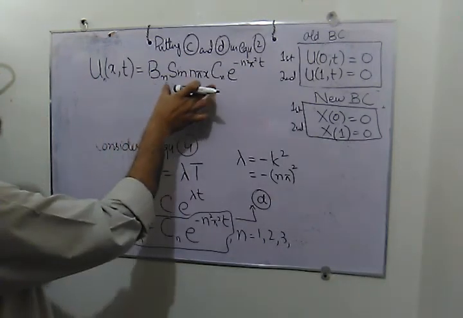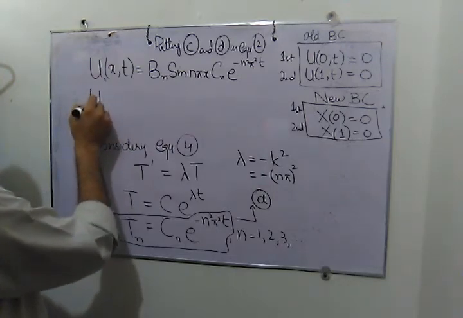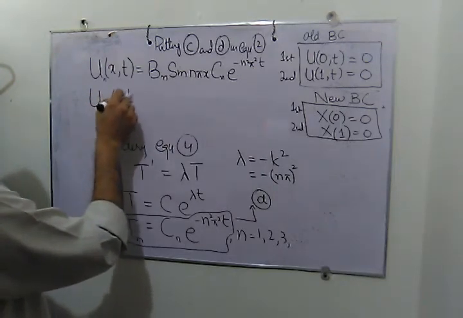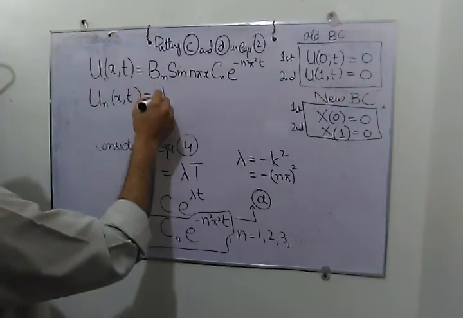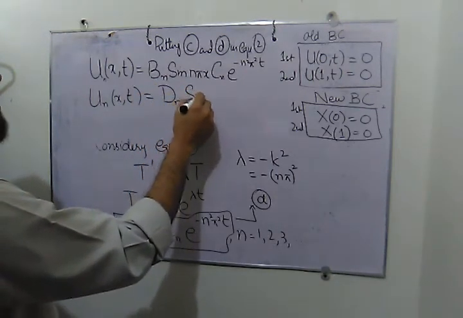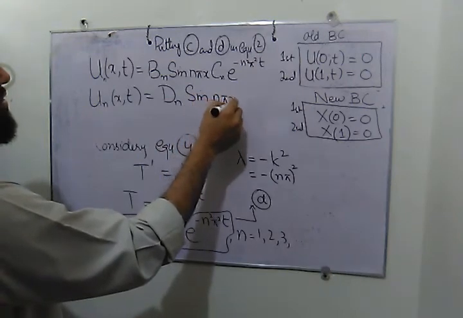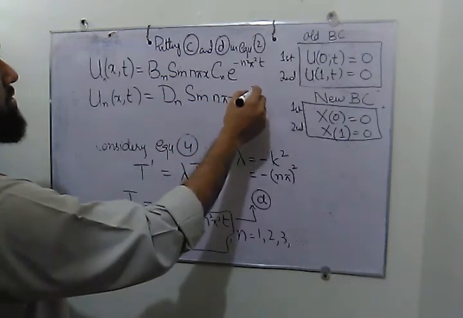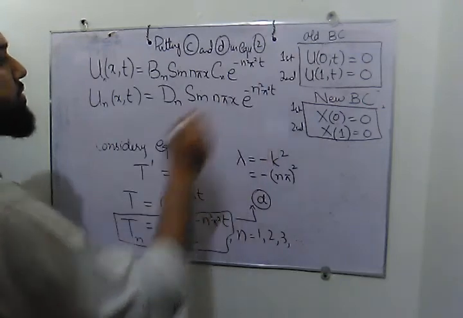We can combine bn and cn in the form of one coefficient. So this is dn, and this is sine n pi x exponential minus n square pi square t.